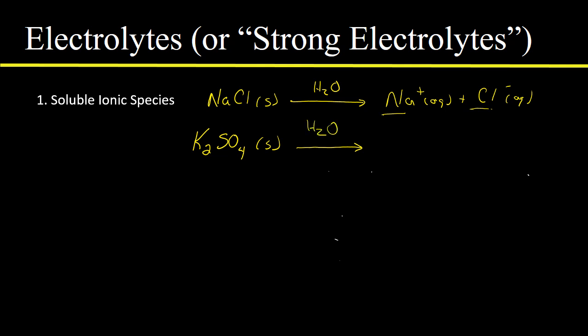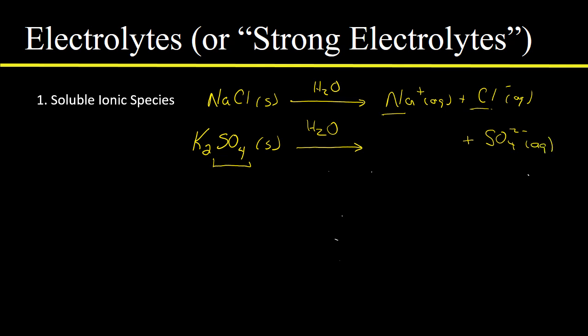Right? You put that in water, that's going to break up into ions. Okay, but this sulfate ion doesn't break apart into sulfurs and oxygens. This sulfate is one unit, and that unit maintains its integrity. So you get a sulfate ion.